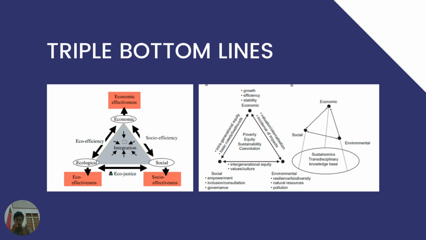Effectiveness, whether economic, environmental, or social, can be measured in absolute indicators or figures. Efficiency, by contrast, is described by the relation between different dimensions such as the environmental and economic dimensions, or the social and economic dimensions for socio-efficiency.